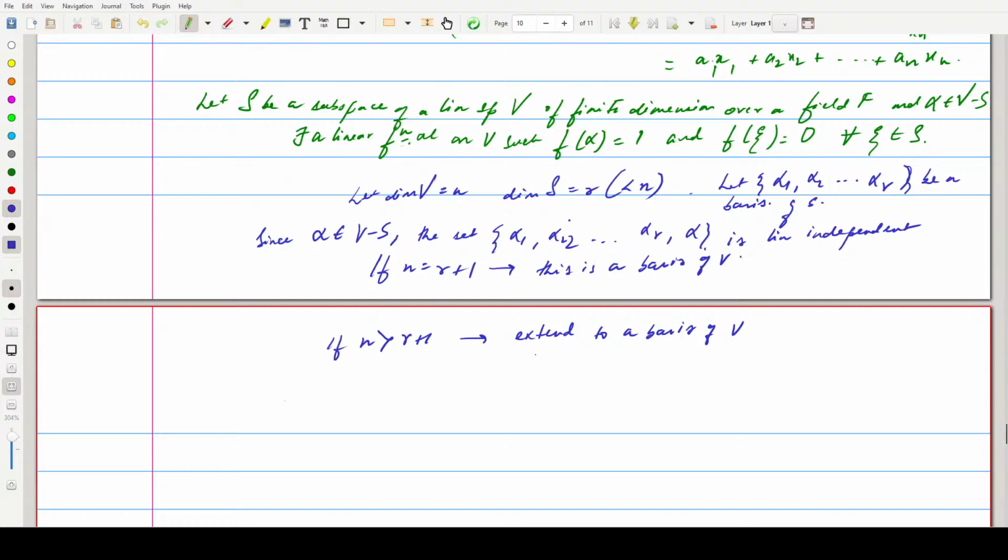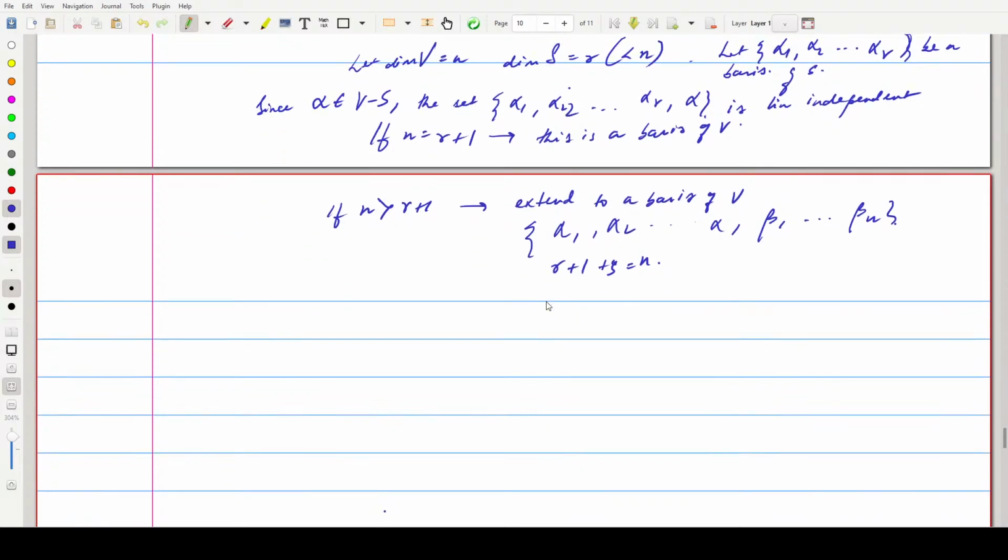And we can term this extended basis as alpha 1, alpha 2, so on and so forth, alpha r, alpha, beta 1, so on till beta s, where r plus 1 plus s is equal to n. Right?